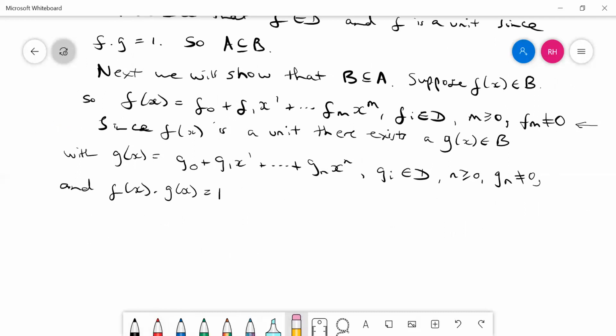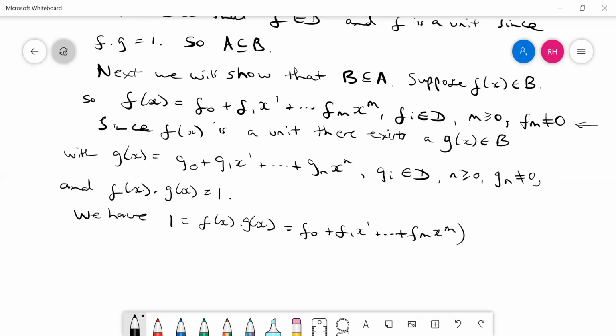So I'll write it the other way around: 1 equals Fx times Gx, which equals F0 plus F1 x plus dot dot dot plus Fm xm, times G0 plus dot dot dot plus Gn x to the n.